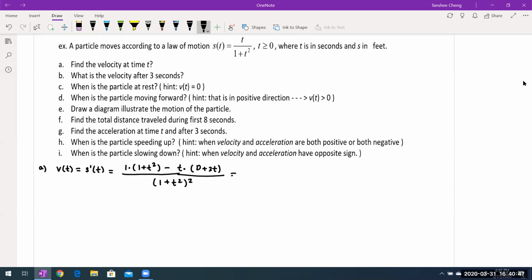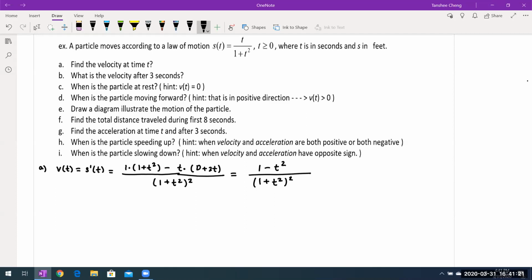And simplifying a little bit, the reason why I want you to simplify is that this is the type of problem we're going to be seeing later on, because notice that in part G, I'm asking for the acceleration function, which means I need to take another derivative. So when I simplify this, distributing 1 and then distributing negative t, that will give me 1 minus t squared, all over 1 plus t squared, quantity squared.